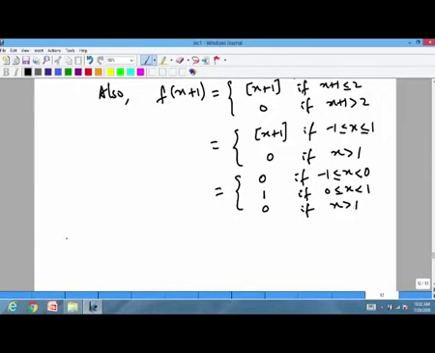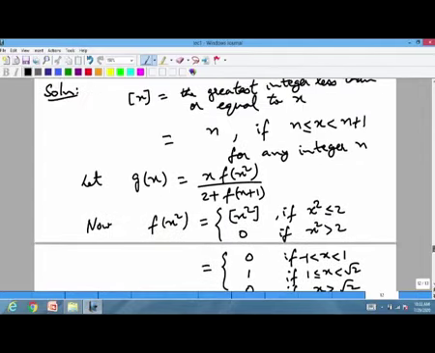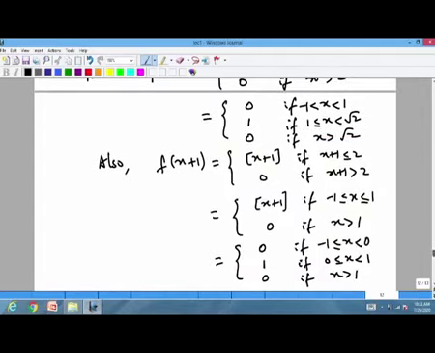Now we can write g of x, which was x times f of x square by 2 plus f of x plus 1. If you see, f of x square is non-zero only between 1 and root 2.